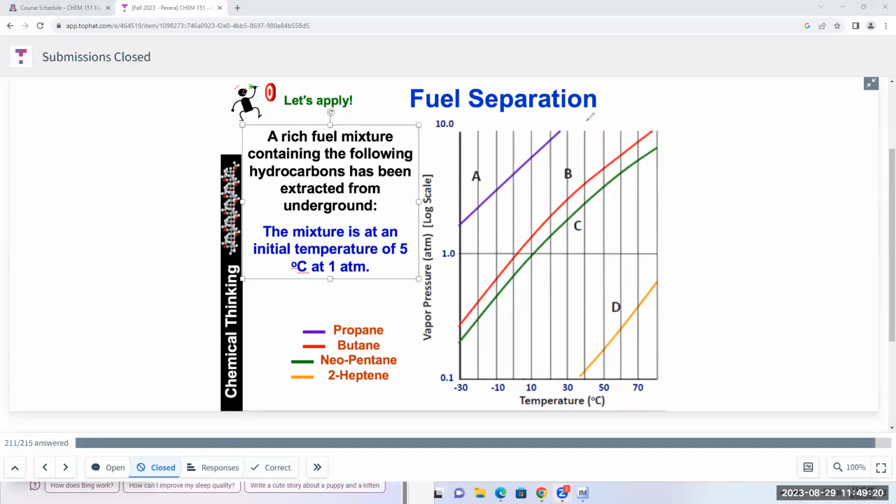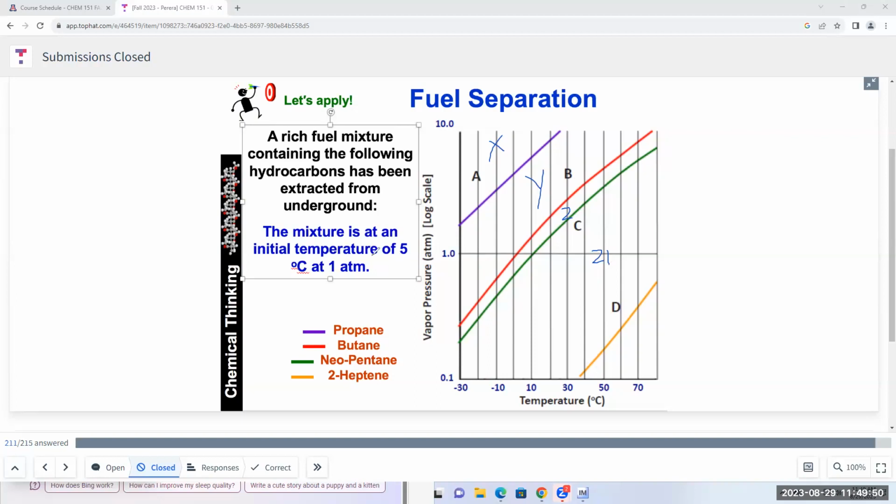So let's identify some regions in the phase diagram here. Here's my region, let's say X, Y, Z, and maybe Z1. Now, if you want to separate A from everything else, what region do you want to be in? X, Y, Z, or Z1?